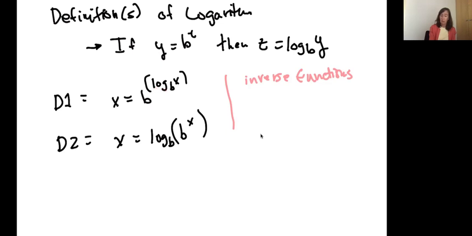And when you do the log and then you undo it with the exponential, you get back to the x that you started with. So in both of these cases, you're starting with x and getting back to x, and that's what inverse functions do. Here, if the first thing you do is raise b to the x power, how do you get back to x? You take the base b log.